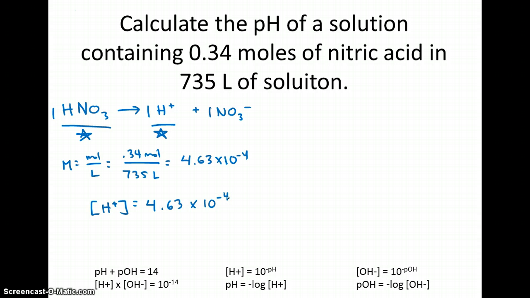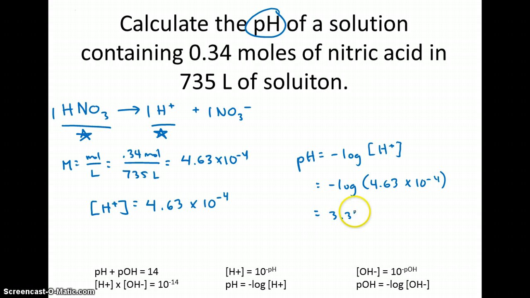Now that I know the H plus concentration, it's easy for me to get pH, because I know that pH is equal to the negative log of the H plus concentration, which is negative log of 4.63 times 10 to the negative fourth. Plug that into my calculator, and I will get 3.33. And that is the pH of that solution.